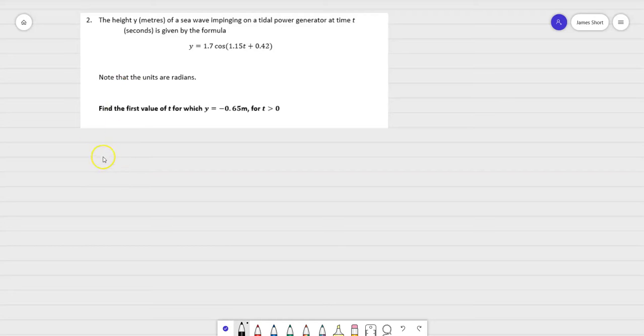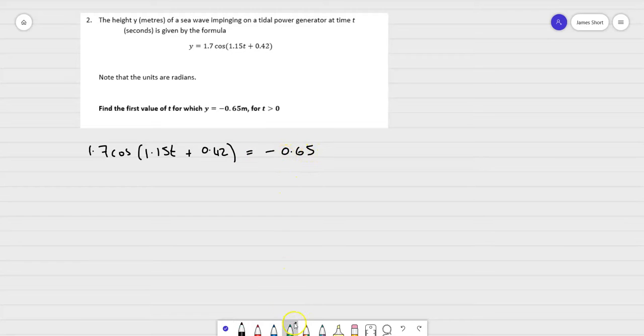So we're going to write 1.7 cos of 1.15 t plus 0.42 is equal to minus 0.65.